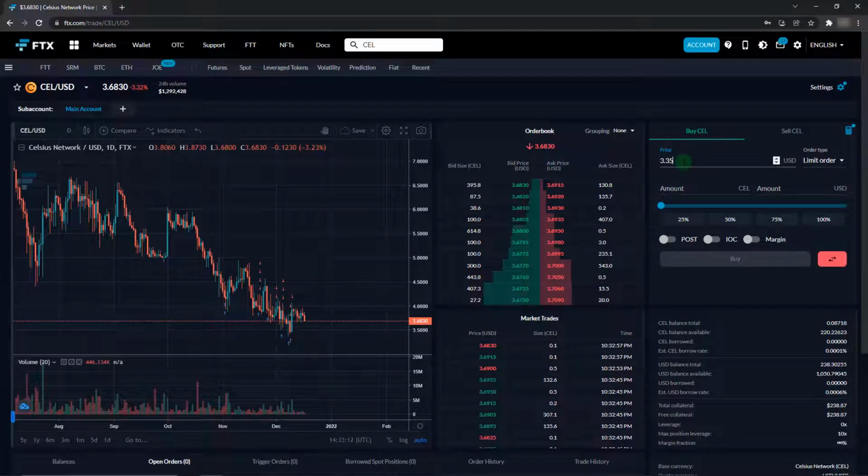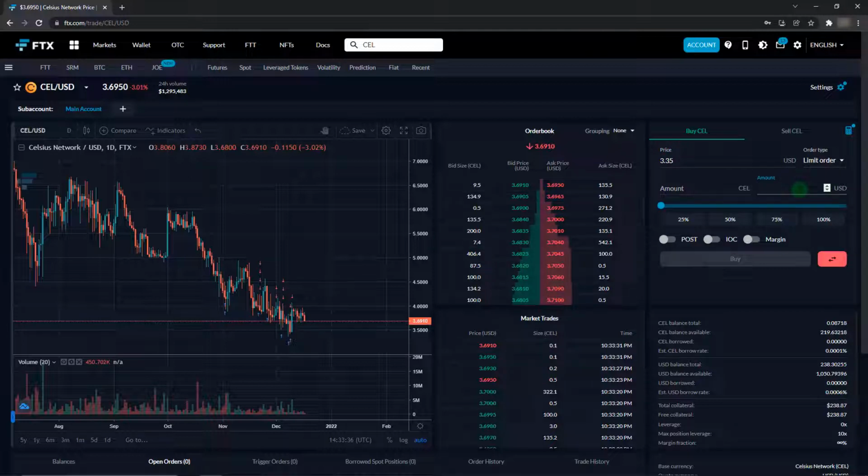So after specifying the price, we can specify the amount of CEL tokens that we would like to buy, or you can specify the amount of US dollars that you would like to spend, and the amount of CEL tokens will be calculated automatically. Now for example, you can recall that I had about 230 something US dollars.